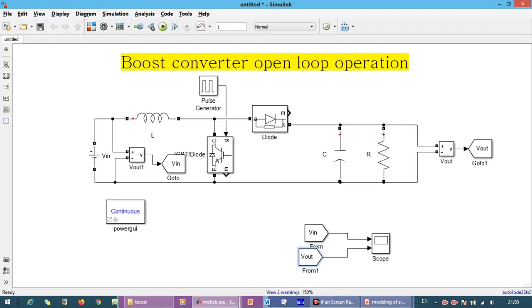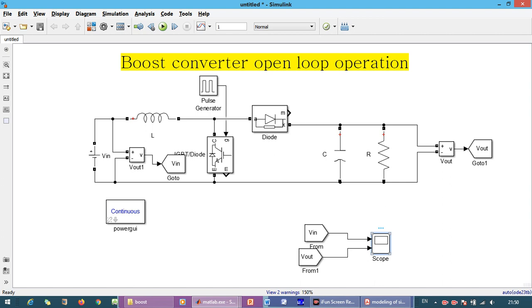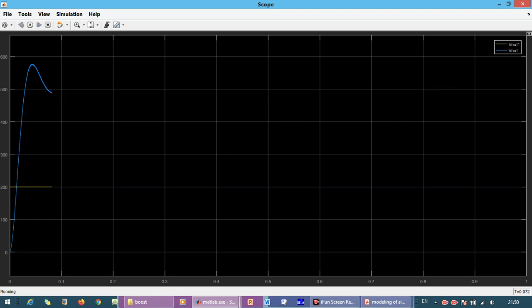Now we will see if we change the switching frequency, what will happen to the output voltage. Okay, so now instead of 1 kilohertz, we make the switching frequency 10 kilohertz, and we analyze the waveform. This is input voltage, this is the output voltage, and we run the simulation and analyze what will happen to the output voltage while we are changing the switching frequency of the converter.